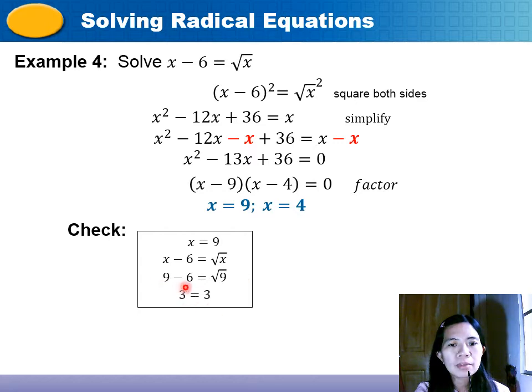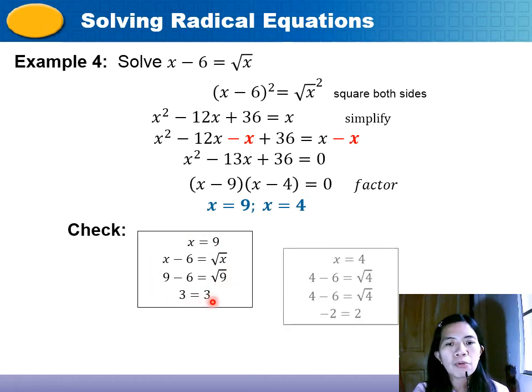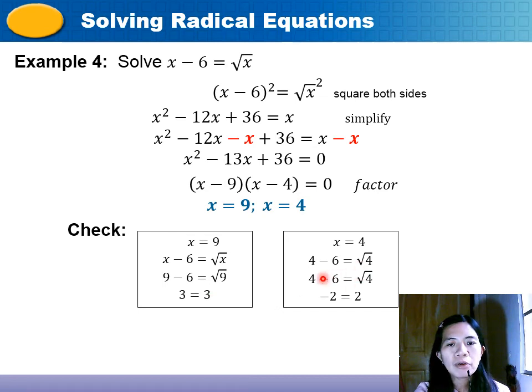So 9 minus 6 is 3, equals the square root of 9, which is 3. So this is true. Now how about if x equals 4? So we have 4 minus 6 equals the square root of 4. 4 minus 6 equals negative 2, equals the square root of 4, which is positive 2. If we look at it, they are not equal.